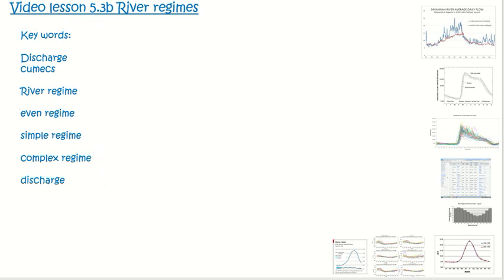Now we are going to have a look at a selection of different river regimes, and one point to note with these is, if you Google river regime for the River Nile or the Amazon, whichever river regime you Google, always take a look at where the measuring station is on a map, because that can make river regimes look very different for the same river.